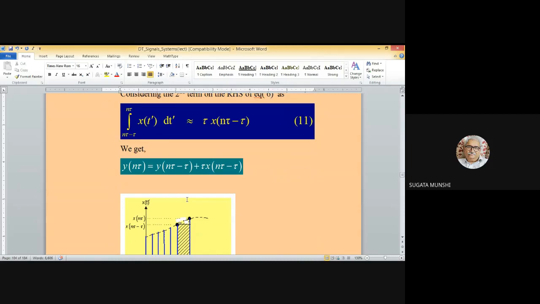What will happen to the transfer function in this case? What will be the difference? It will be same as the transfer function of a backward rectangular integrator, but there will be a z to the power minus 1 term, an extra term in the numerator.